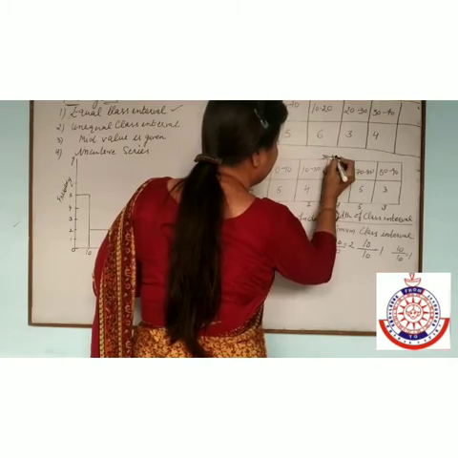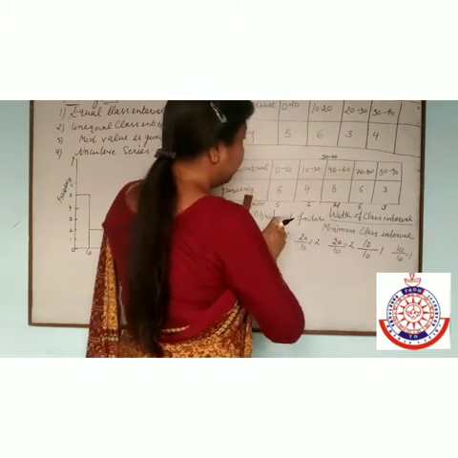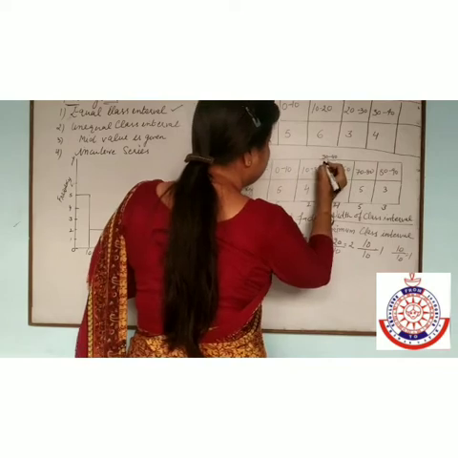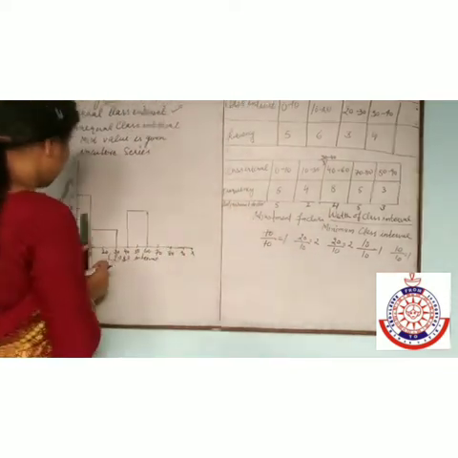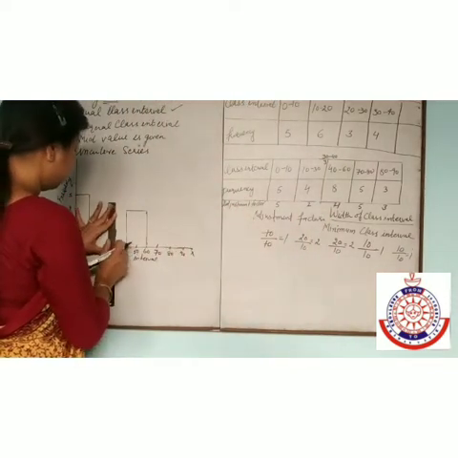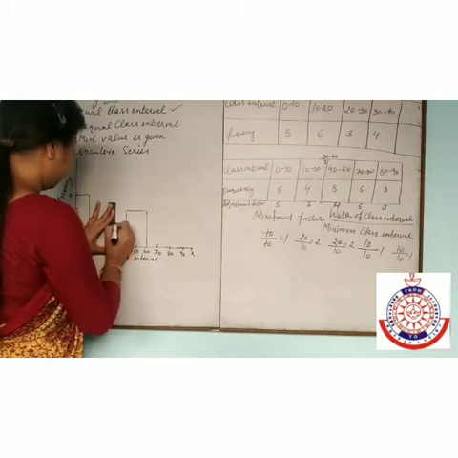We will take 30 to 40 also. That 30 to 40 is equal to 3.